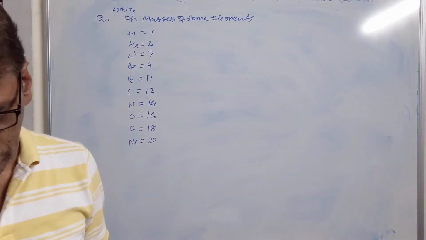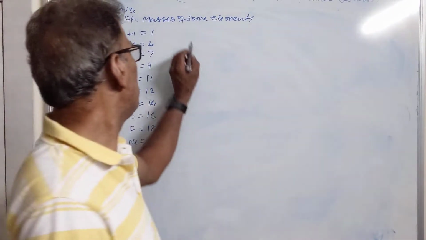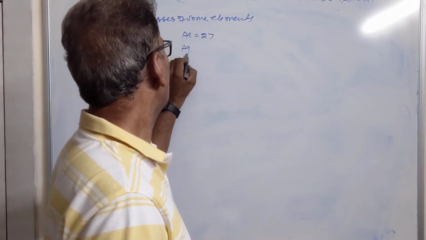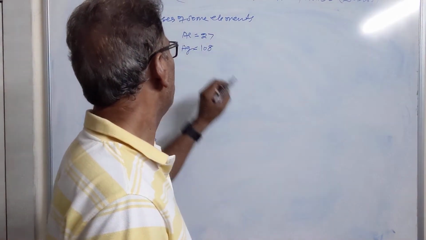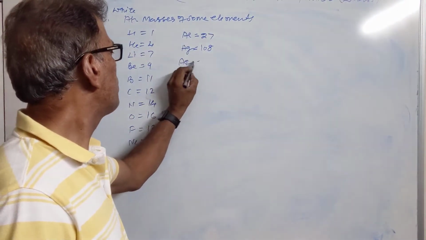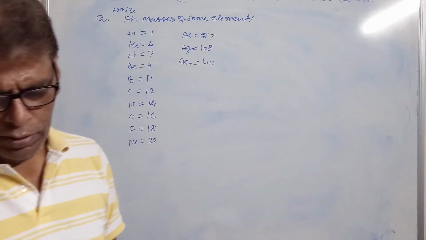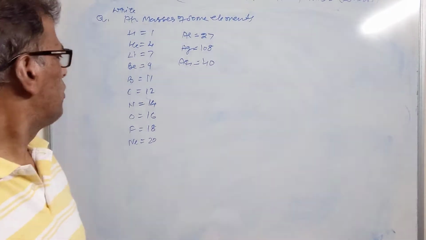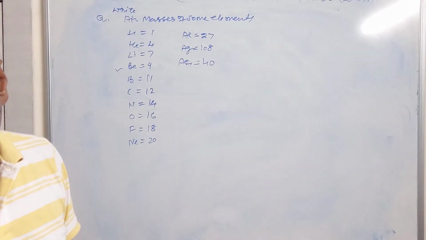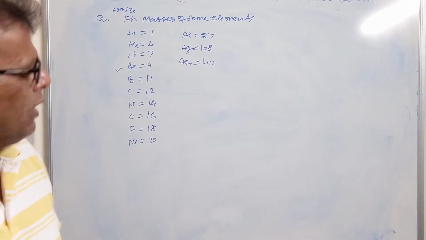Then we have aluminium. Aluminium has the atomic mass of 27. We have the silver, atomic mass is 108 here. Then we have argon, atomic mass is 40. Then we have beryllium, atomic mass is 9. And after beryllium, we are having the next boron, atomic mass is 11.